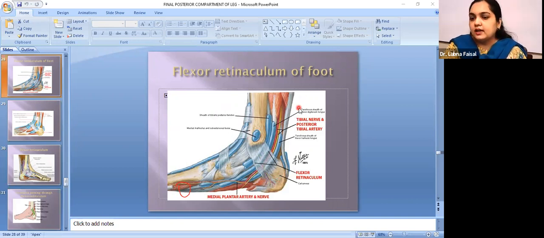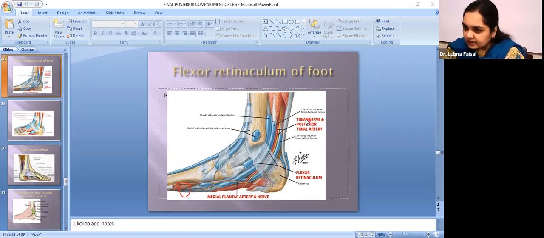Now, anyone can ask you a question about the contents of the flexor retinaculum. You can say the contents are the tendons of the deep compartment, that is the flexor hallucis longus and flexor digitorum longus.